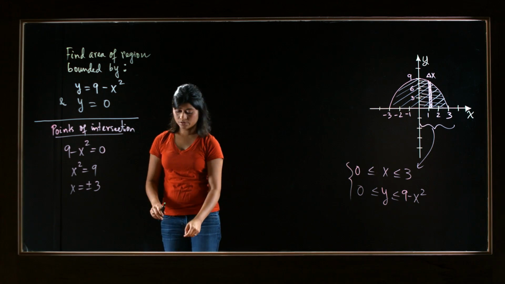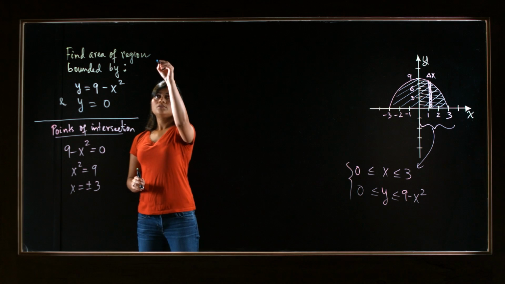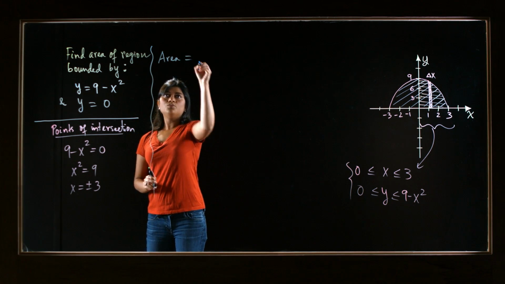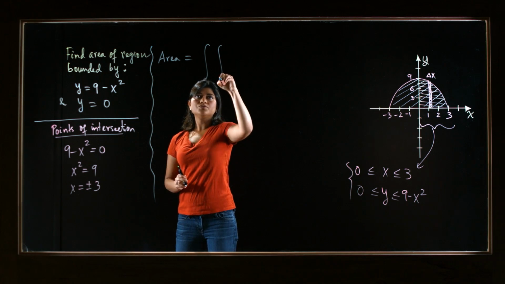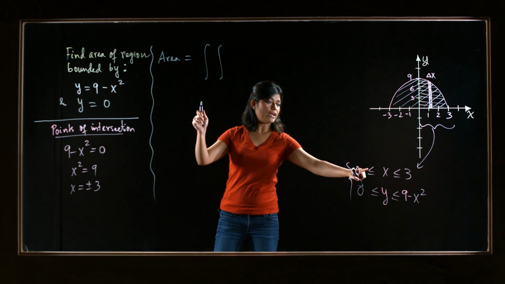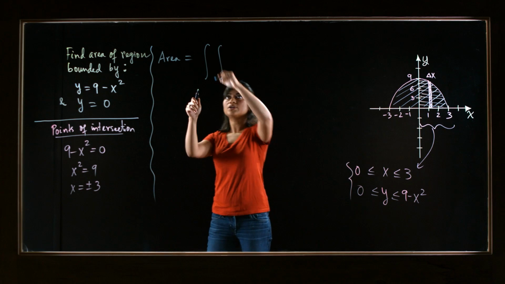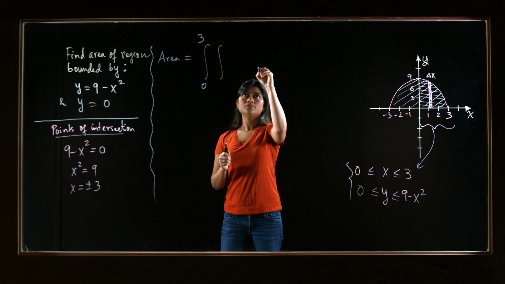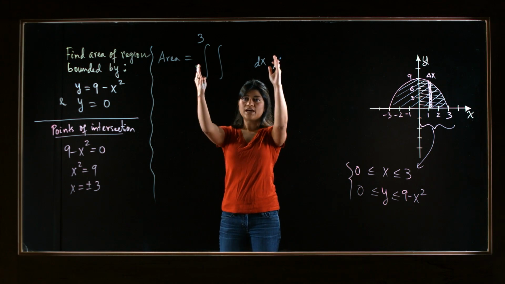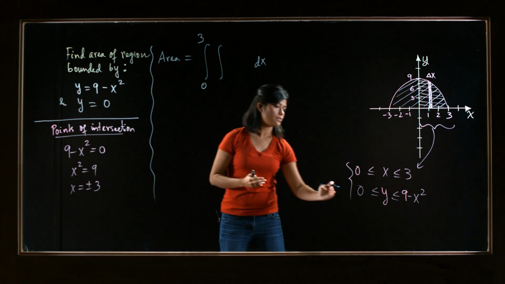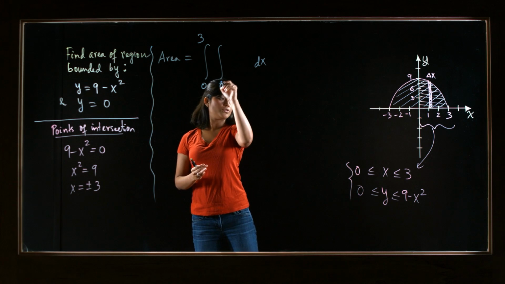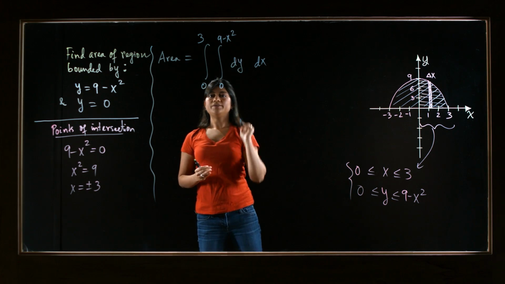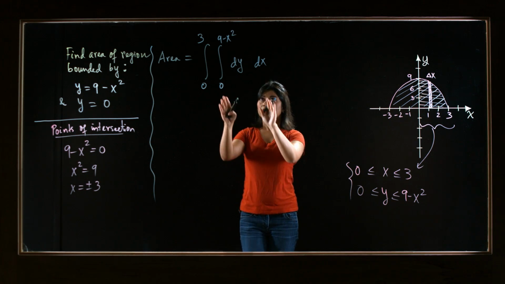Okay, so let's set up our double integral here. So area will be computed using a double integral. Remember, the outside variable is x, so the outer integral will have the x bounds 0 to 3, and dx is the outside one, and on the inside we have y, so 0 to 9 minus x squared, dy.